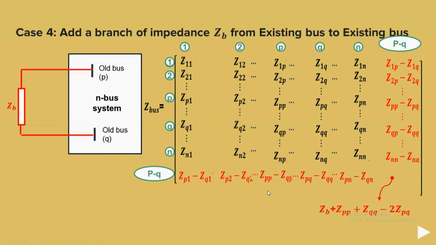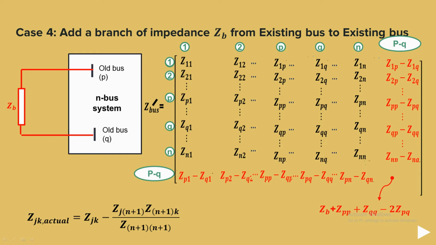Now check the order of the matrix. The order of the matrix is n plus 1 cross n plus 1. The number of buses in the system is n. The number of buses in the system does not match the matrix, so this matrix is not the actual matrix. So I mark it Z bus dash. Now again modification is required, that is, elimination of the last column and last row using the column and row elimination formula.